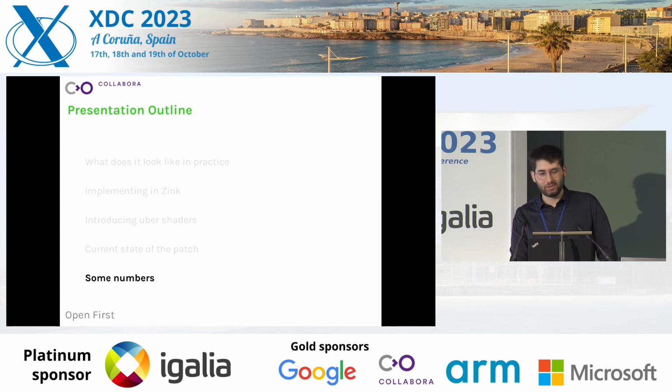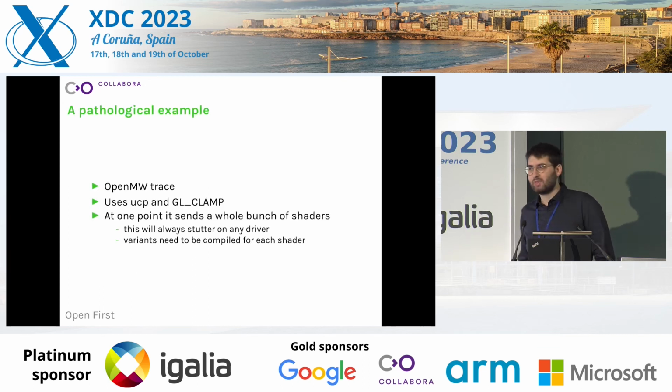So I want to give some numbers of this patch. There's a pathological example. There's a trace used in the MSSCI, which is from OpenMW, an open source recreation of Morrowind. And there's a point in that trace where a bunch of shaders get sent, and this causes stutter on pretty much any driver, but it's particularly bad on Zink, because each time a new shader is seen, Zink has to also compile the variant for it if that's required, meaning a shader might get compiled a number of times synchronously.